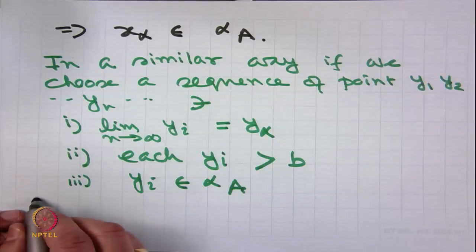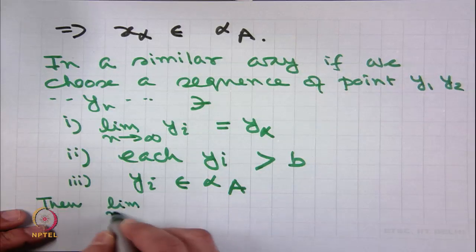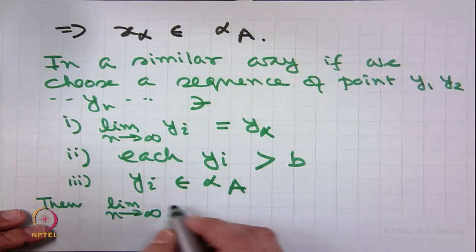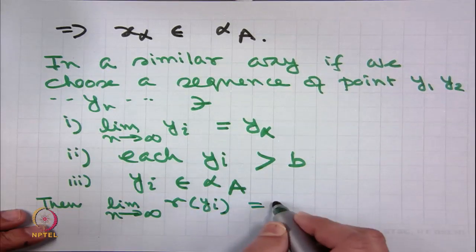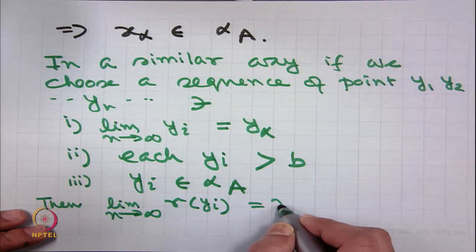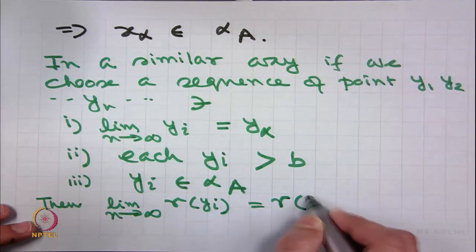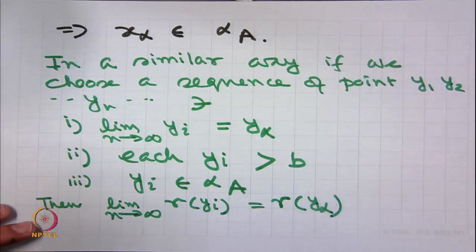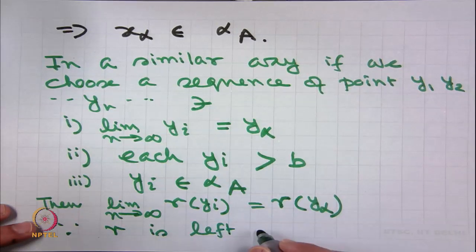Then limit n goes to infinity r of yi is equal to r at y alpha, since r is left continuous.